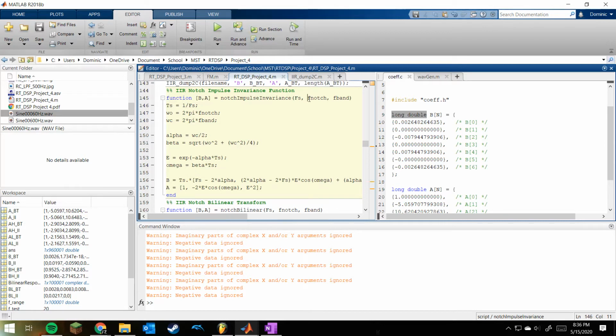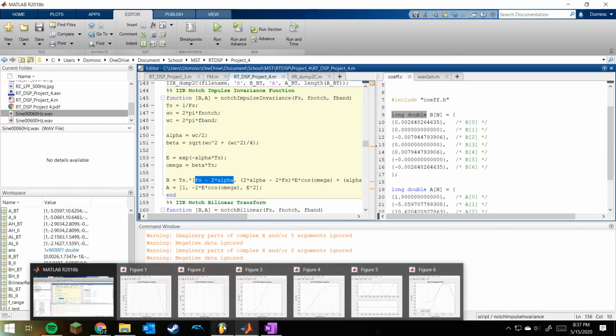We take f notch and f band and then convert them to the omega naught and omega c, and then perform all those substitutions that we did in the handwritten calculations, such as alpha, beta, e, and omega. And then once we perform those substitutions, we can literally just type in the numerator coefficients and the denominator coefficients as just an array. So there's that fs minus 2 times alpha.